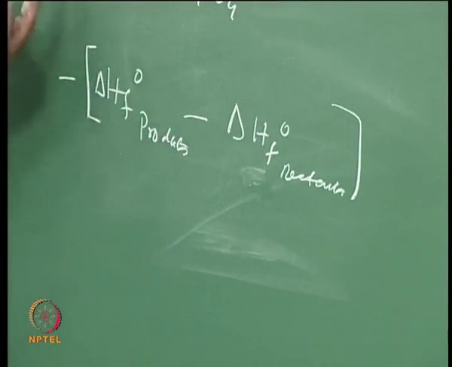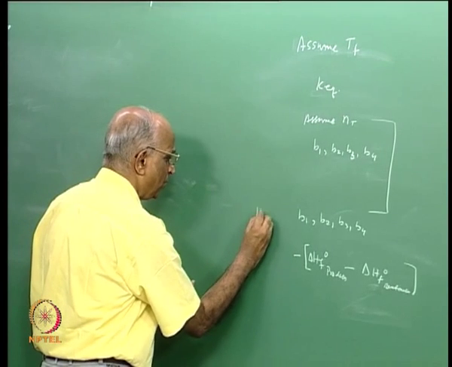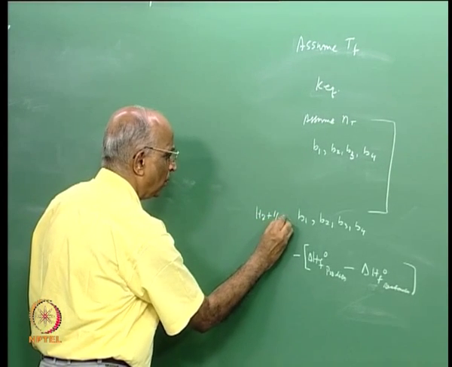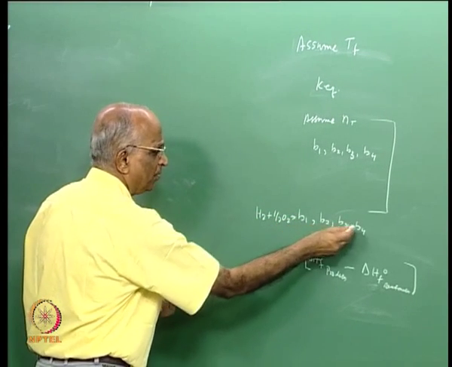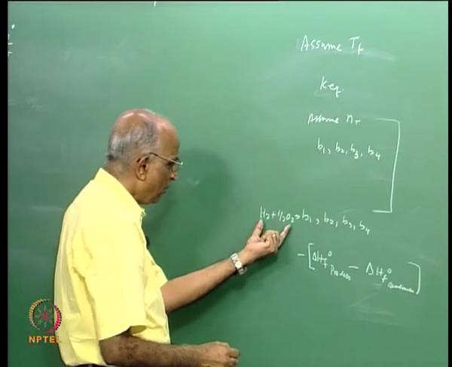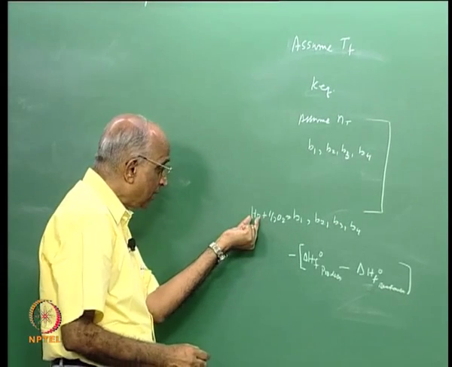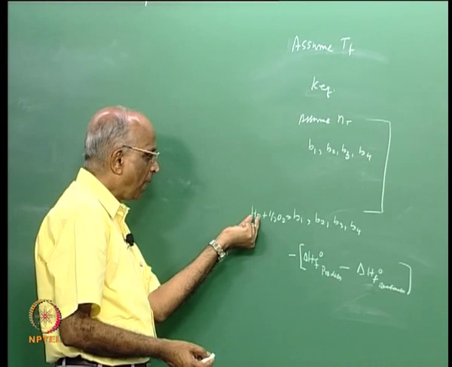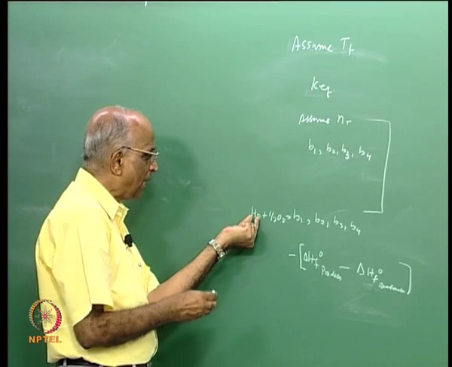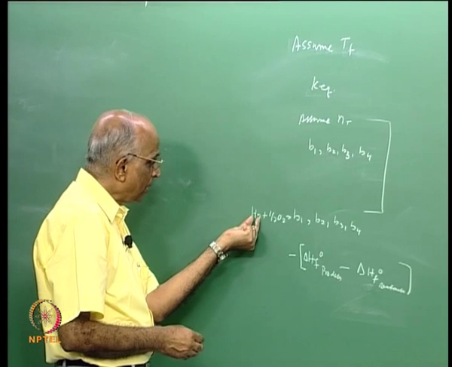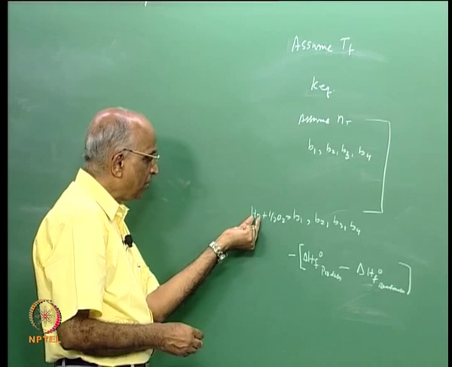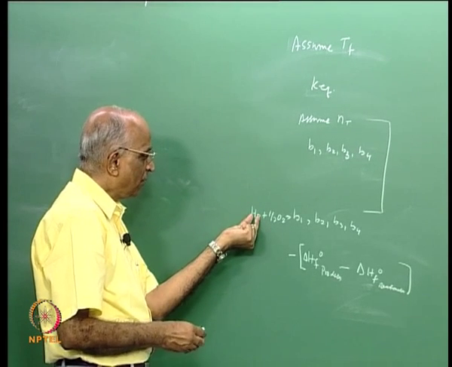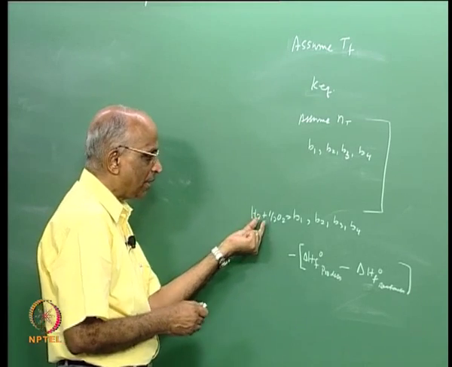We had the reaction H2 plus half O2, it gave me B1, B2, B3, B4. Therefore, I take the initial state, which may not be the standard condition; part of this heat goes into the enthalpy required to convert the condition of, let us say, hydrogen from its original condition to the standard condition.